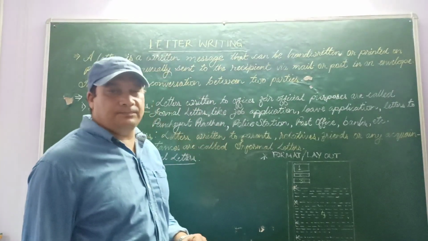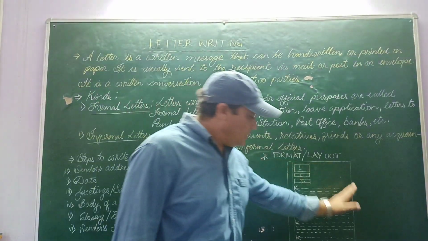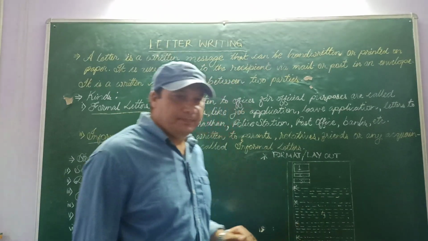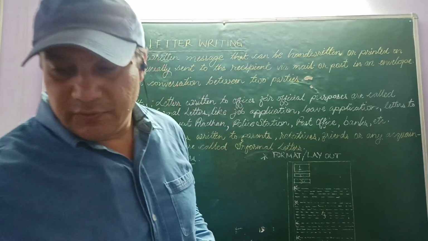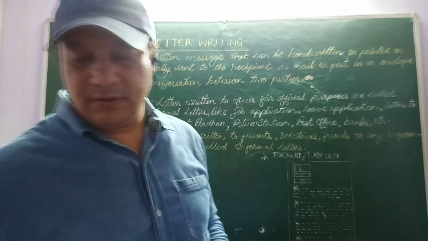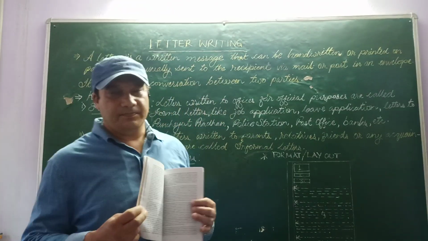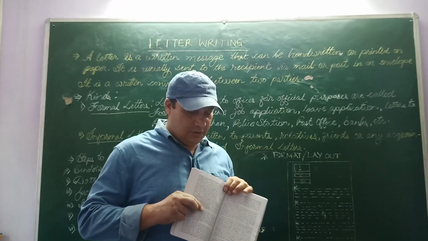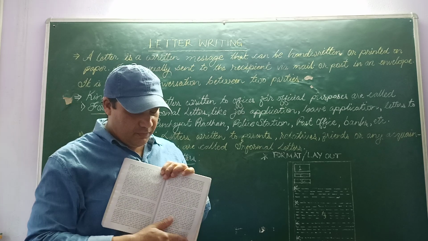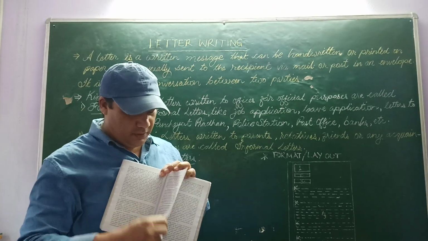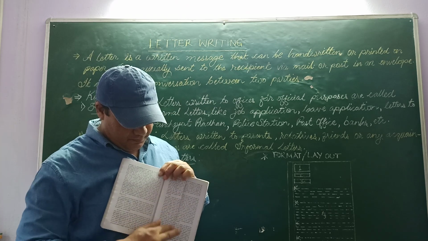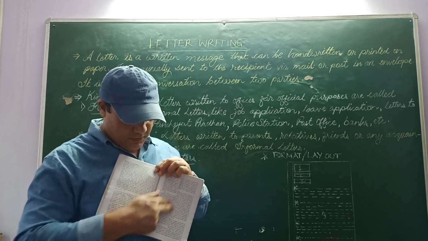Now see, this is our page. Consider this is our page, right? First and foremost, suppose this is your copy. What you need to do is first fold your paper equal.